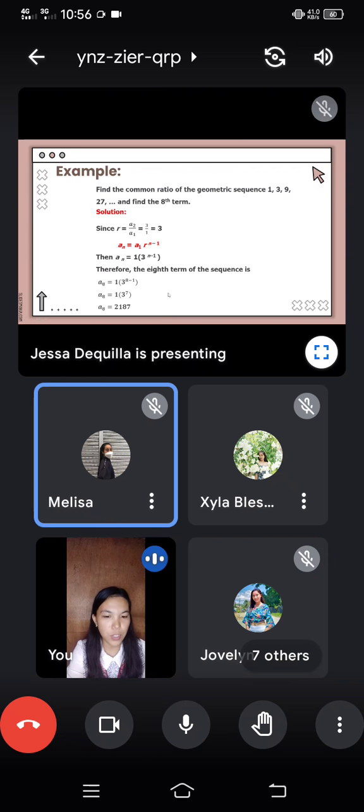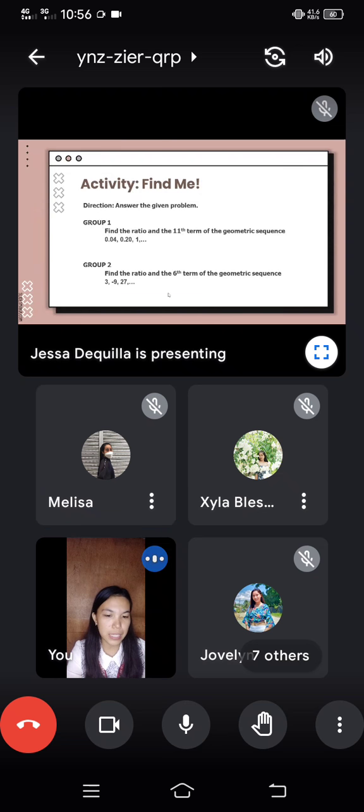Okay, none. So this time we will have an activity entitled Find Me. This is a group activity to be answered in just 1 minute. Direction: answer the given problem. For group 1, the members are Agabon and Tijano, and your task is to find the ratio and the 11th term of the geometric sequence 0.04, 0.20, 1, and so on.